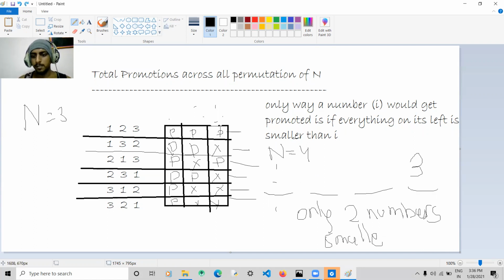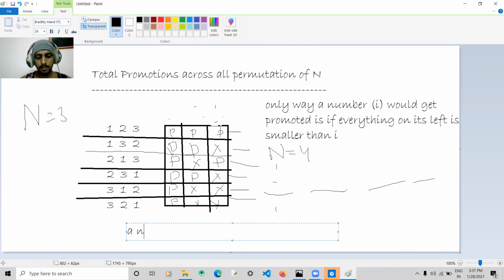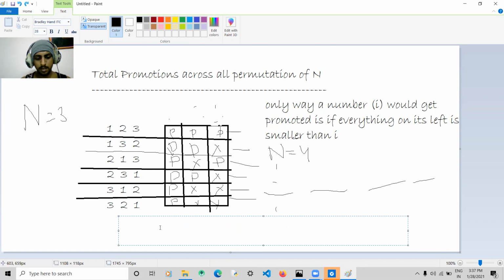What this means is, a number i can take a place with position less than or equal to i.